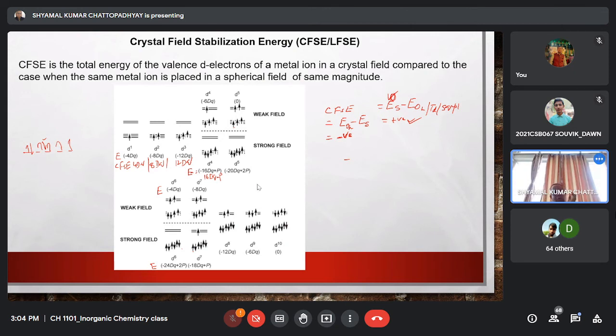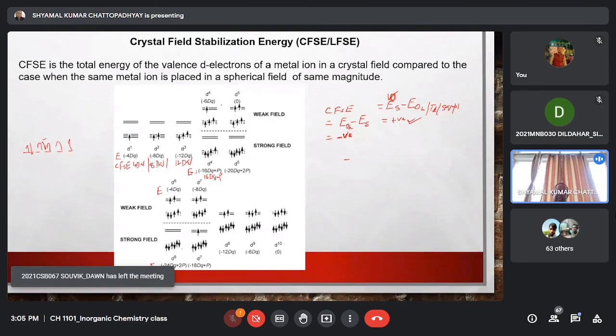So this is how you calculate CFSEs, and with respect to CFSE you find out which one is more stable, whether the weak field case or the strong field case is more stable, or in other words, whether the high spin case or the low spin case is more stable. Now if you compare d4 to d7, take d4 for instance. In the low spin case it was minus 16 Dq plus P, or CFSE 16 Dq minus P. Here it is minus 6 Dq, or CFSE 6 Dq.